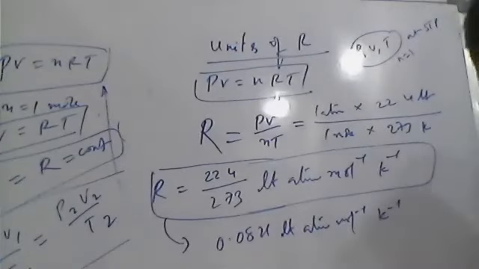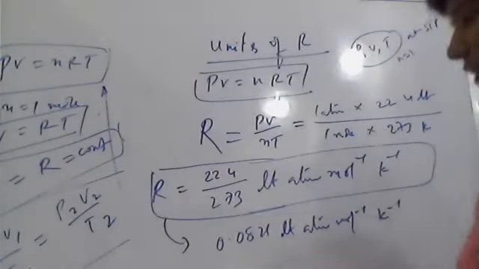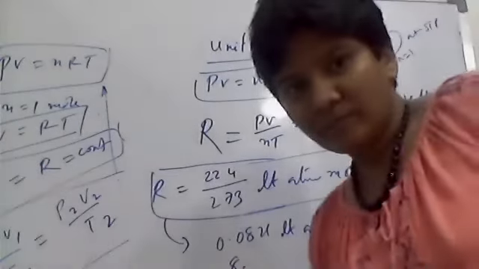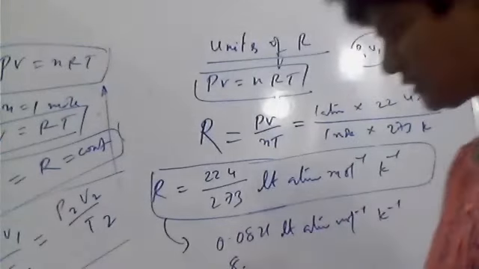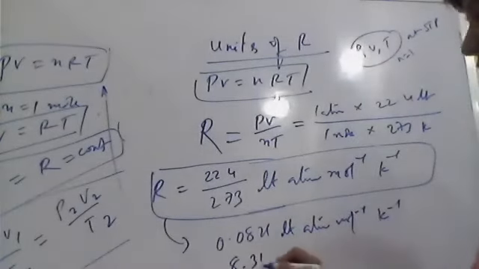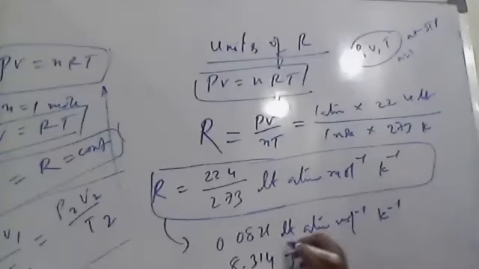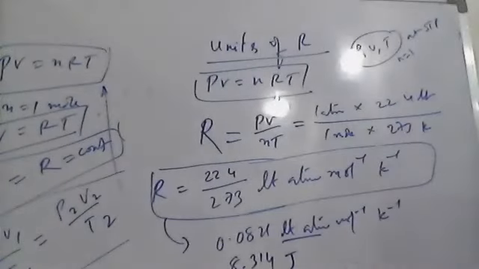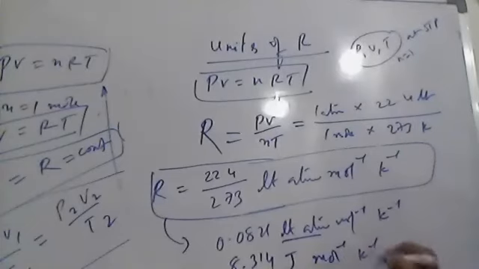Okay, is that clear? And in ergs and joules, do you remember? I'll give you in joules. 8.314 joule per mole per Kelvin, where 1 liter atmosphere equals 100 joules.